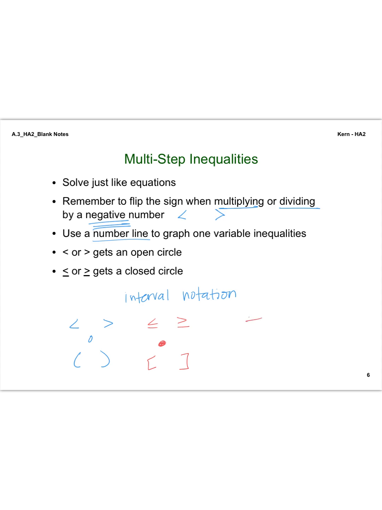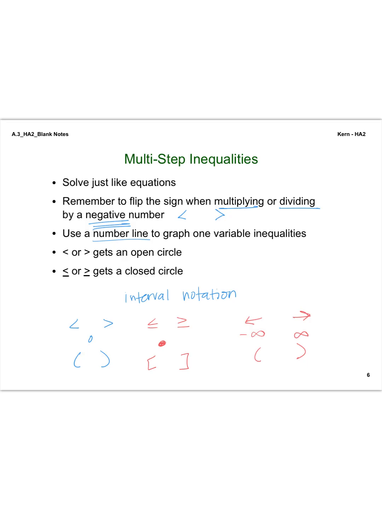If you have a left arrow, that represents negative infinity, and infinities always get parentheses by them. If you have a right arrow, that's a positive infinity, and again, infinities always get parentheses. So you might be like, what is she talking about? We're gonna see some examples of multi-step inequalities, and then we're gonna provide interval notation for the solution set.